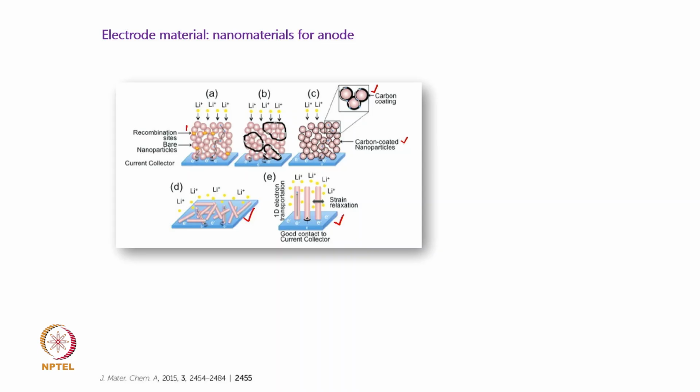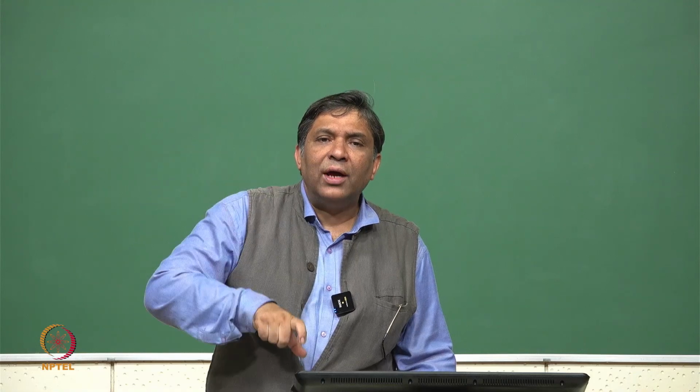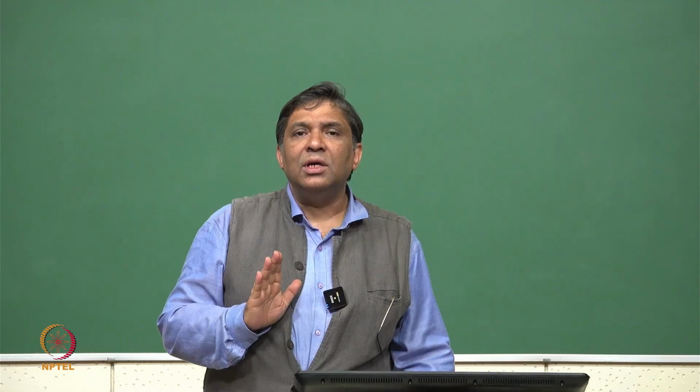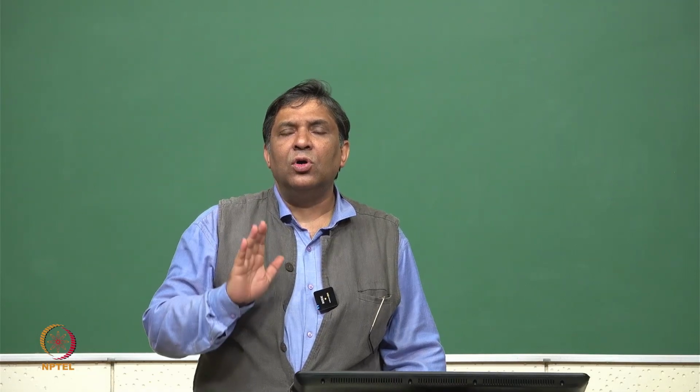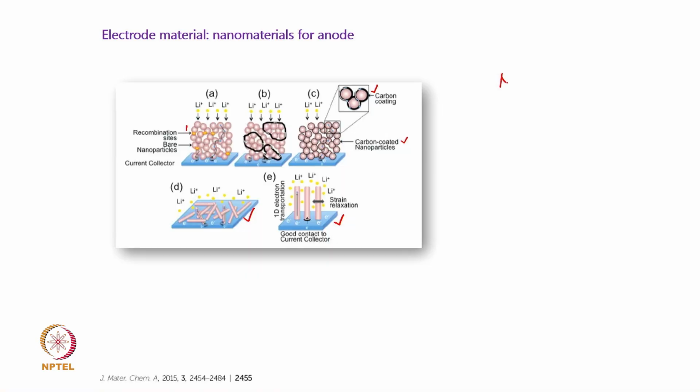So, what are the advantages once you make a vertically grown structure or nanorod kind of structure? One can have an easy path of conduction. This is extremely important. For the nanorod, there is an easy path for conduction, or a directional path.